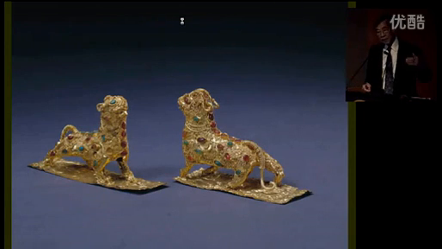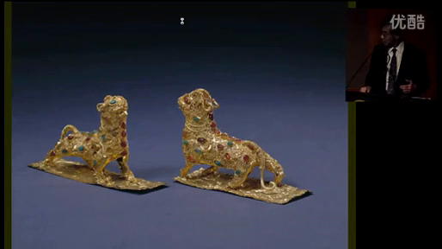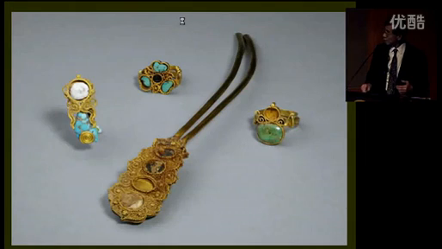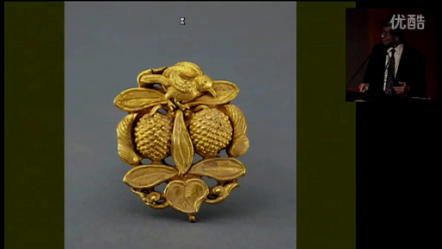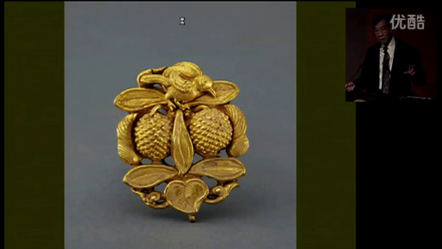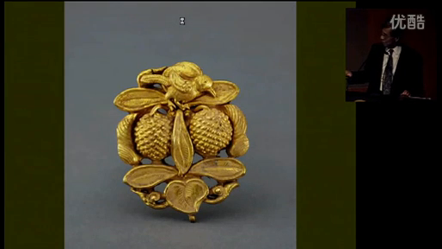but it disappeared from China after the 9th century and re-entered with the Mongols into North China. But together, archaeologically found together with the northern style jewelry, you have some Chinese work.